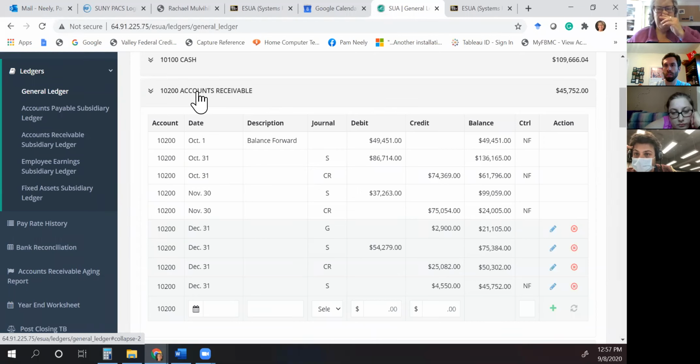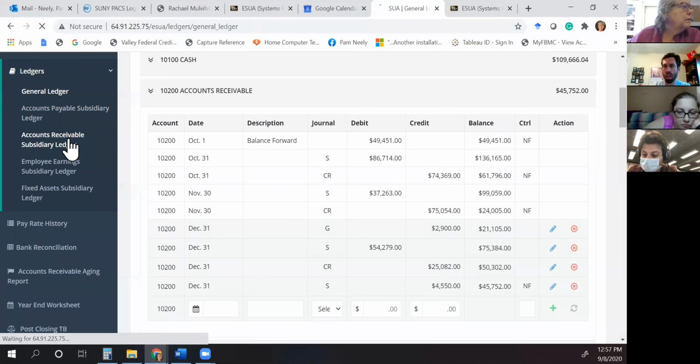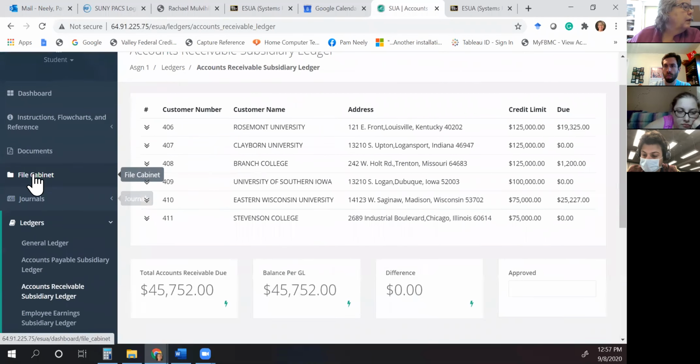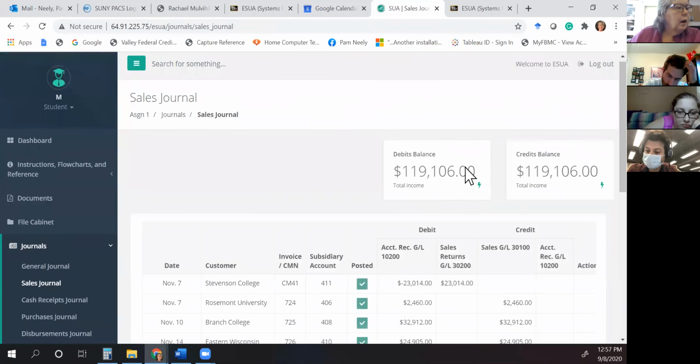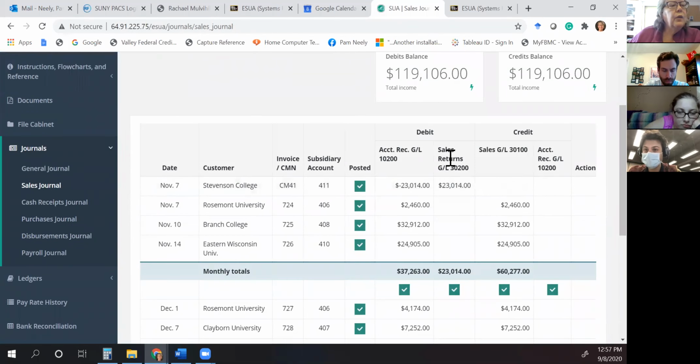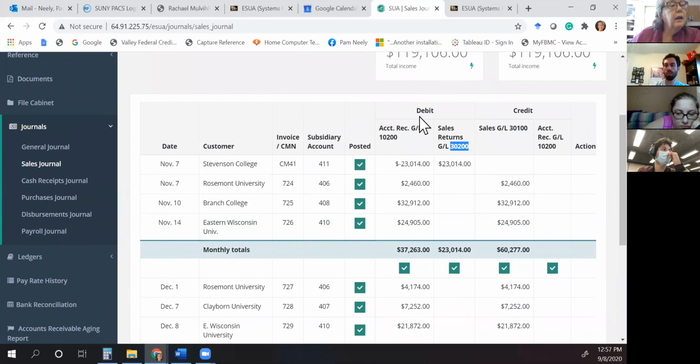Can you do another one, please? I'm lost, so I need it. Okay. All right, so the second column is sales returns, GL number 30200. The amount in GL 30200 that needs to be posted is 4550, and it is a debit.